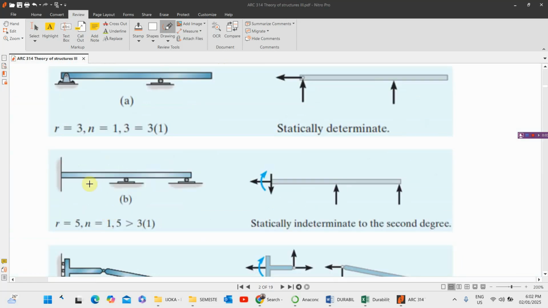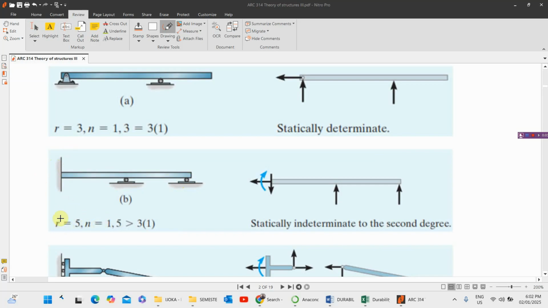For this particular one, it's still a single member, but we have the fixed end here. For a fixed end, we have 3 unknowns, and for a roller support, we have a single unknown. So with the roller support being single here, making 2, plus the 3 unknown reactions at the fixed end, that makes 5 altogether.